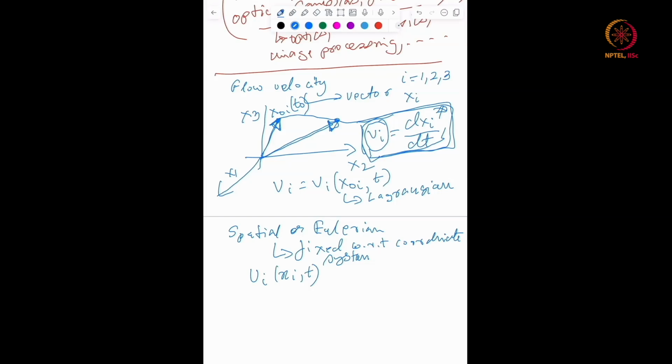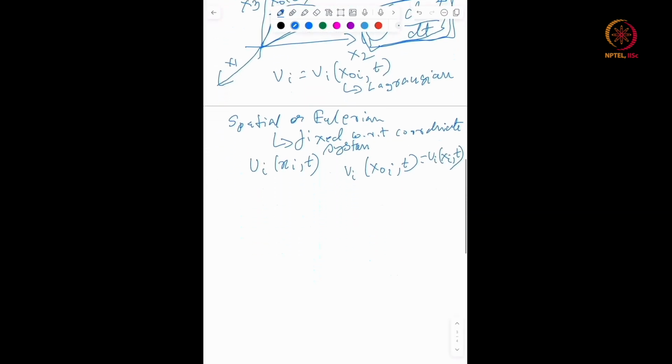It is nevertheless understood that at all positions and for all times, the definition of flow velocity is unique. So therefore, vi(x0i, t) is equal to ui(xi, t).